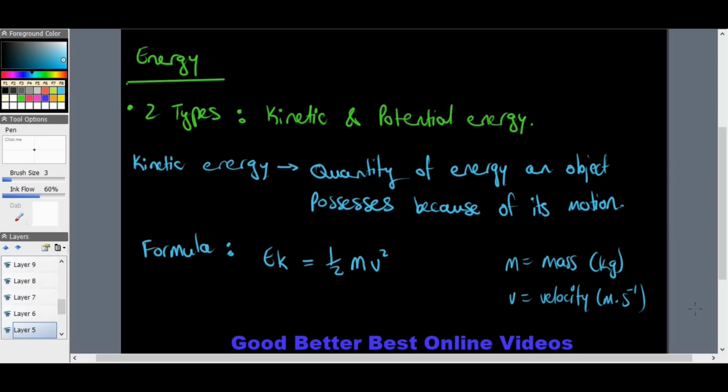Now this is simpler to understand and grasp than its other cousin, potential energy, sometimes referred to by its full name, gravitational potential energy, which you're going to have a look at on the next slide.